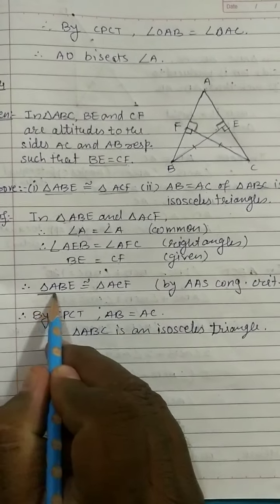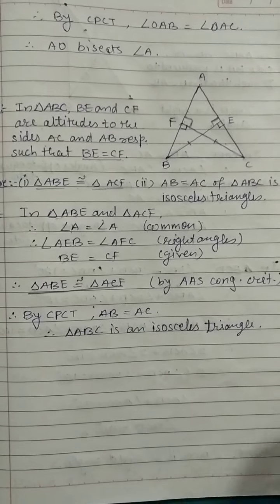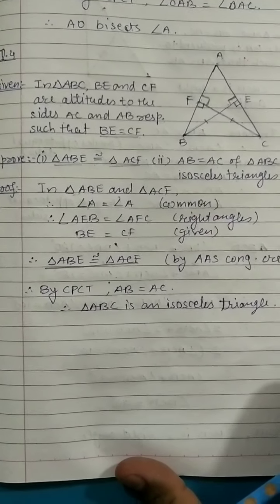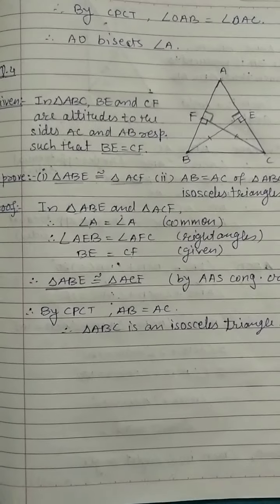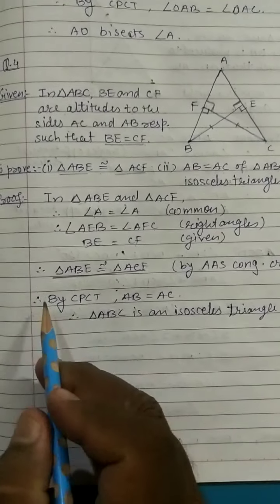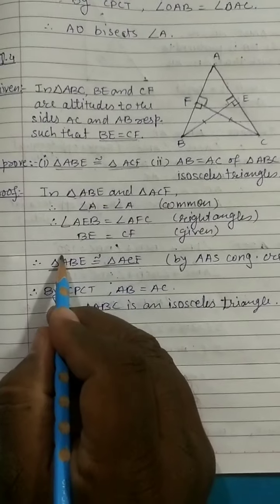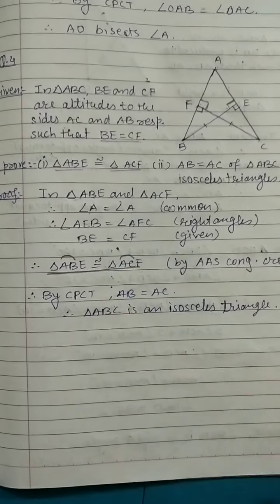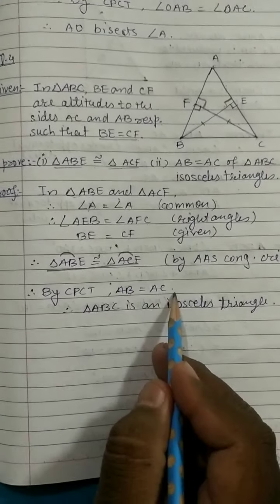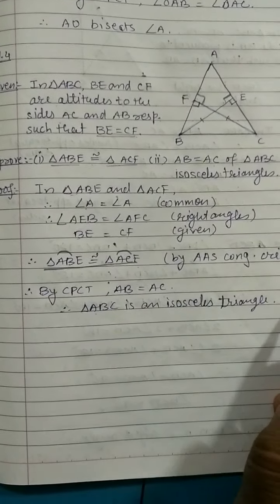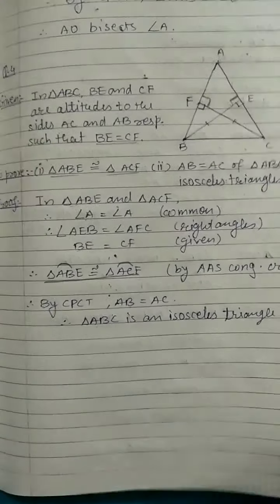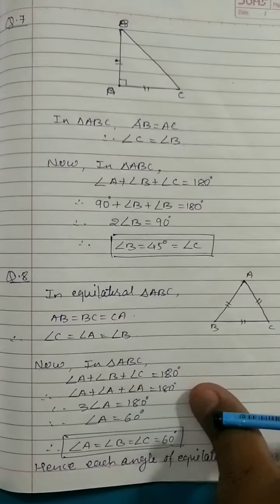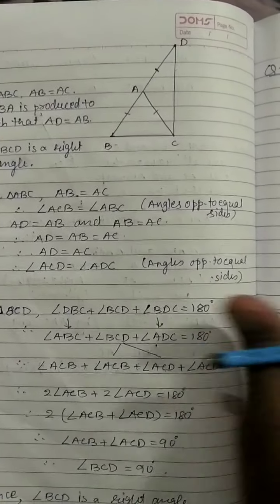So we can say triangle ABE and ACF are congruent by AAS congruence criteria, right? And so by CPCT, if these triangles are congruent, so can you say AB is equal to AC, right? And hence we can say ABC is an isosceles triangle, right? Okay. Next, question number 6.